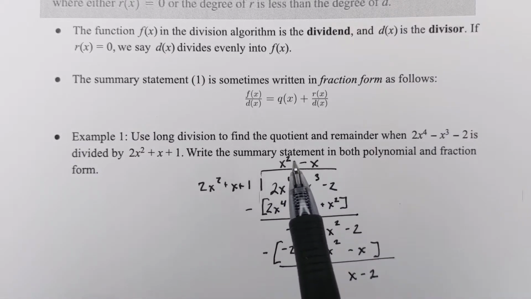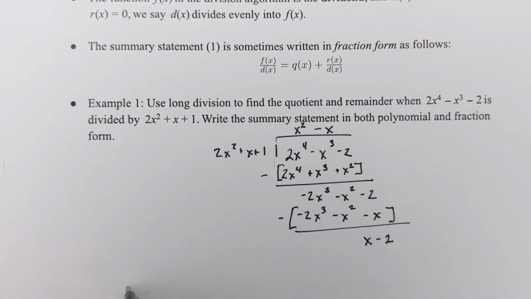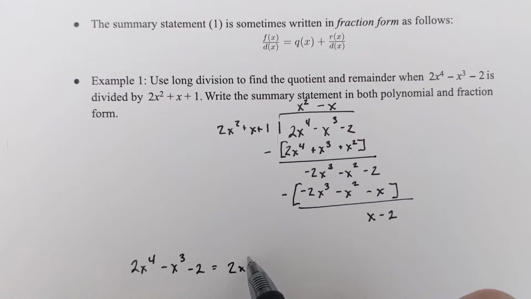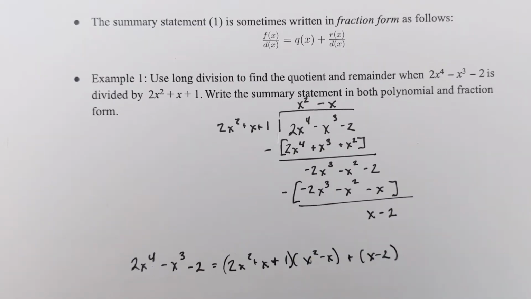So written in terms of the summary statement, we would say our original function, 2x to the fourth minus x cubed minus 2, is equal to the divisor, 2x squared plus x plus 1, times the quotient plus the remainder.